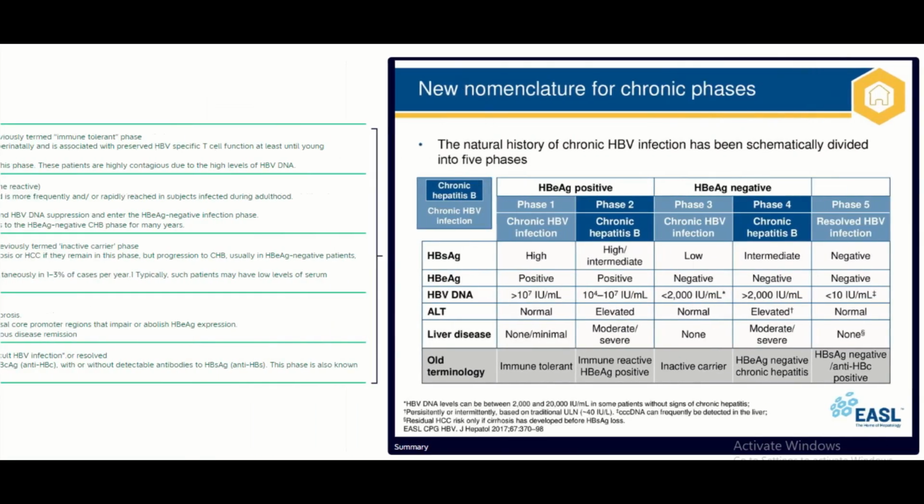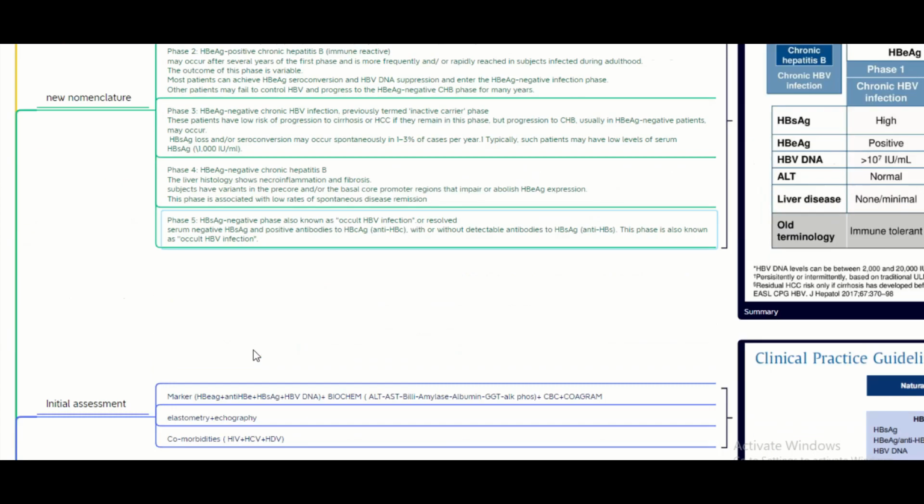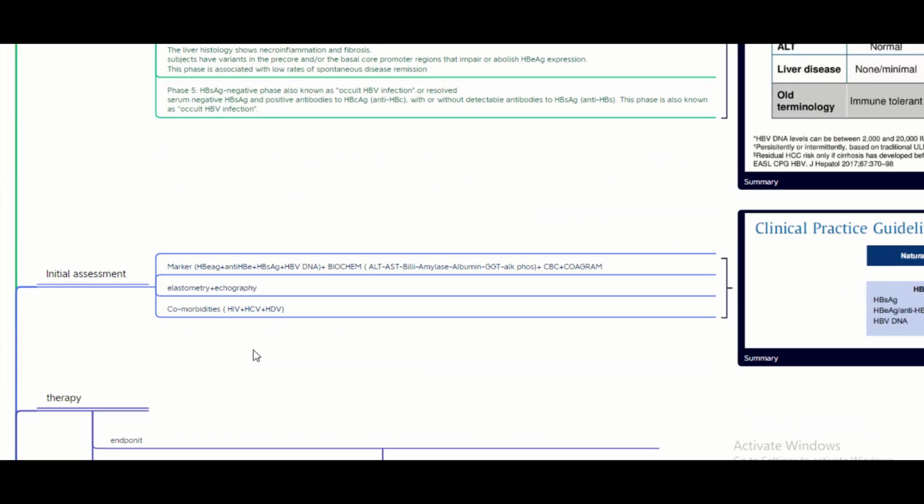After that, we have to start with our practical part. It's the initial assessment. Any patient who comes from a risk group for hepatitis B, or with an already made diagnosis of hepatitis B, or who has been exposed to hepatitis B, first of all must go through a hepatitis B marker panel.